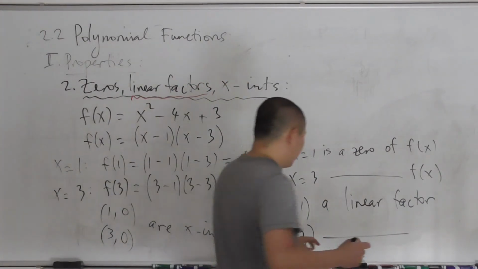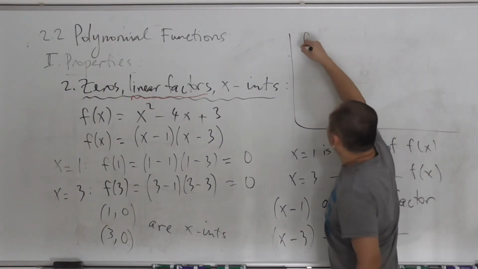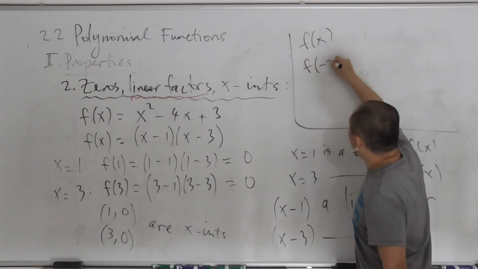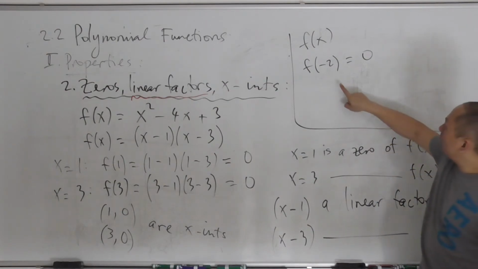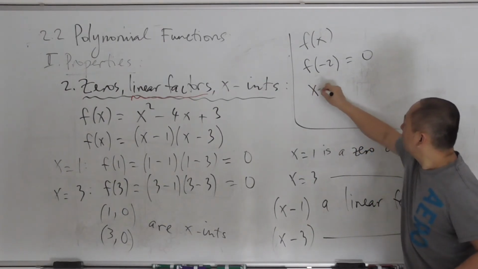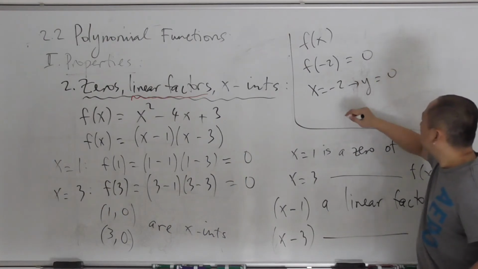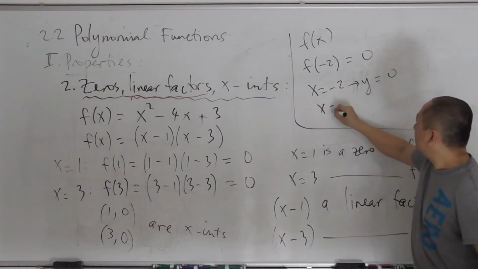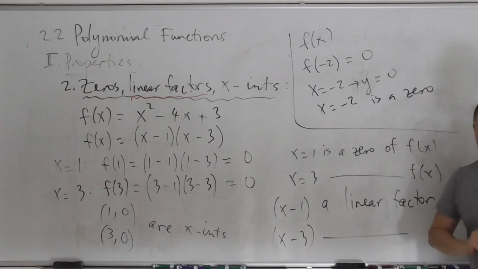How about another example? If say you don't know the whole thing, but you know f of x is some kind of polynomial, and you know that f of negative 2 equal to 0. What does it mean by this? When you plug in x equal to negative 2, y is equal to 0, right? So negative 2 in, 0 out. You say x equal to negative 2 is a 0 of the polynomial.